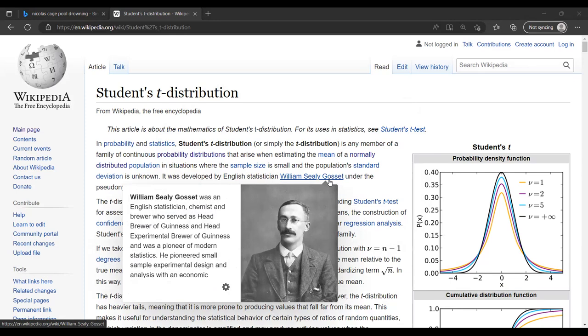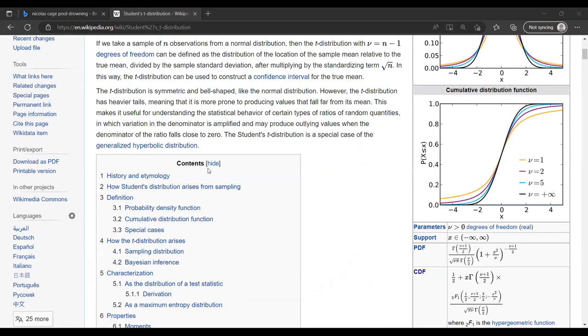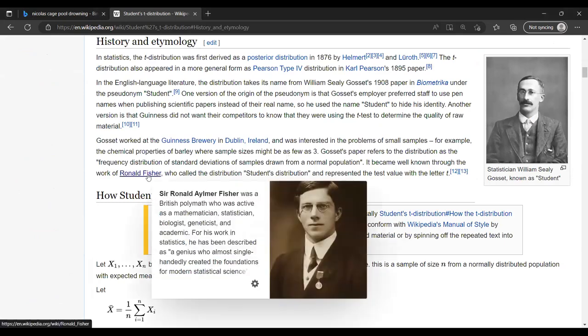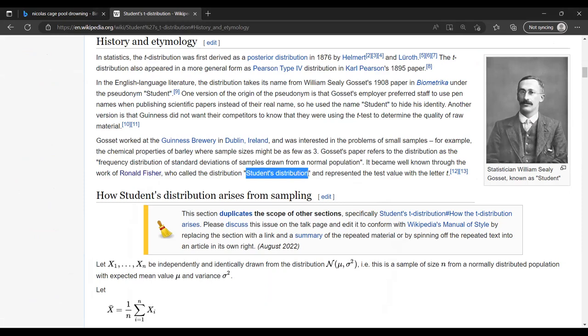I don't know if it's a legend, but that's the story I know. If you look at history, yeah. Anyway, it's probably somewhere here. Although Fisher is mentioned, I see. Okay, so Fisher gave the name of Student's distribution.